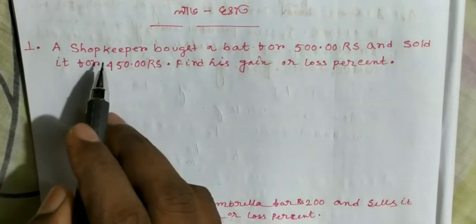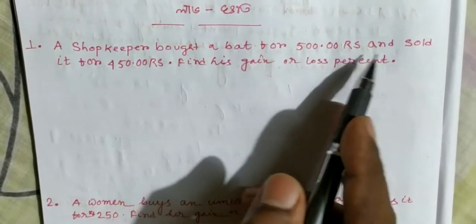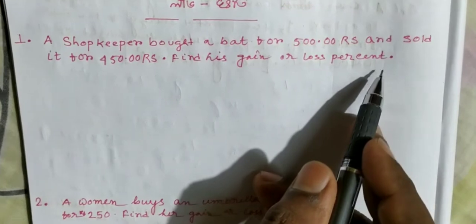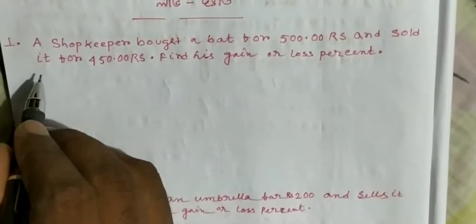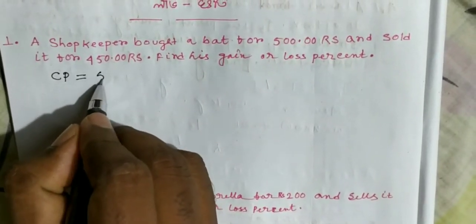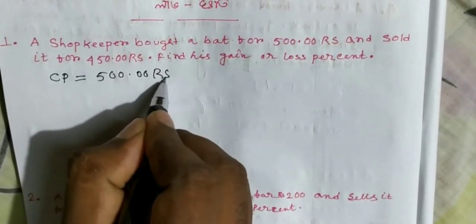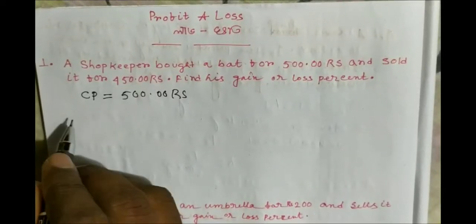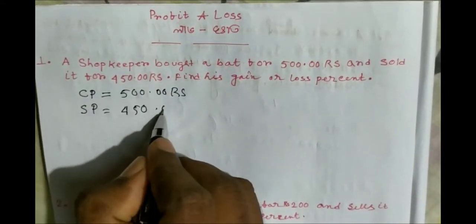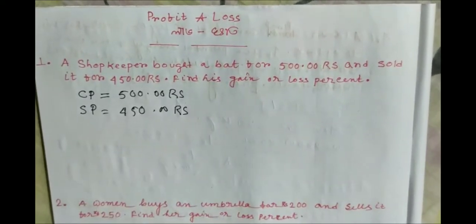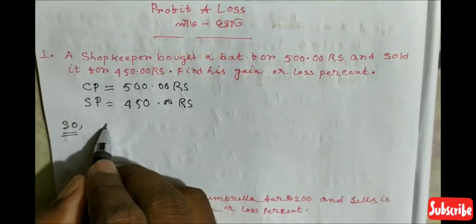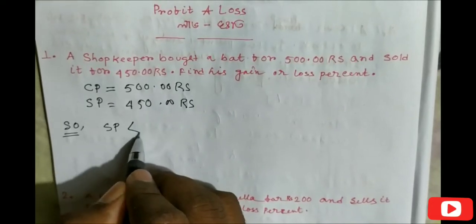Solution number 1. A shopkeeper bought a bat for 500 rupees and sold it for 450 rupees. Find his gain or loss percent. So here CP, cost price, is equal to 500 rupees and SP, selling price, is equal to 450 rupees. So SP is less than CP.